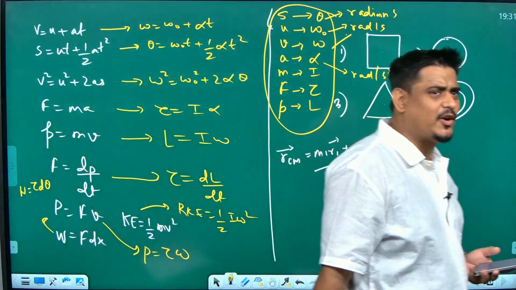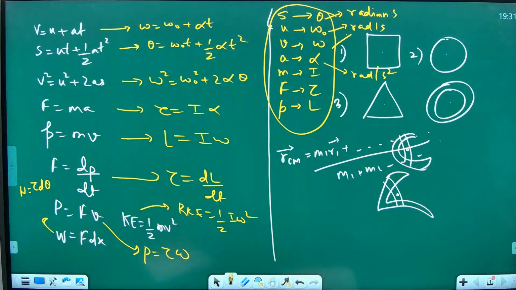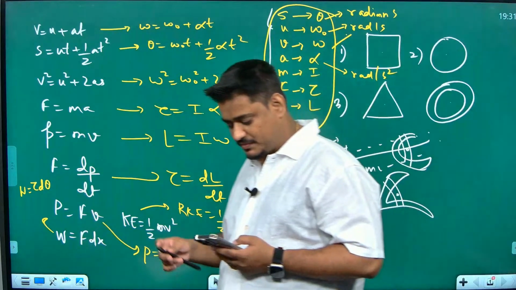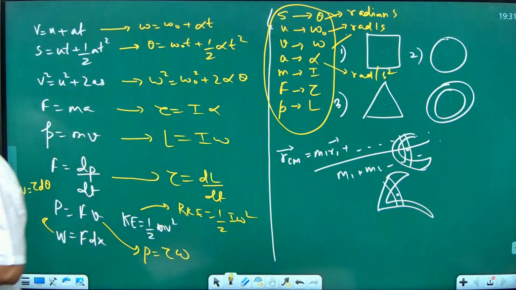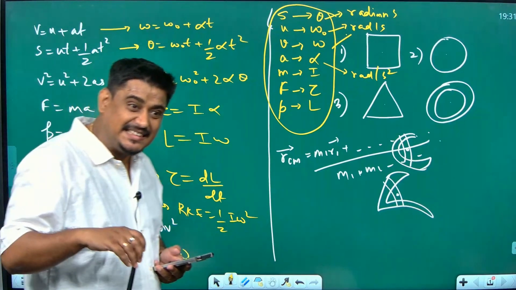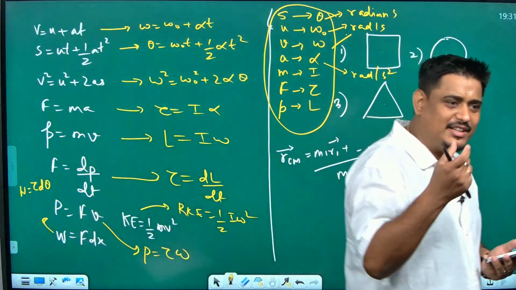One radian per second cannot be the answer. Six radians per second, no. Radian by 60, what is the meaning of that? Radian is a unit, not a quantity.